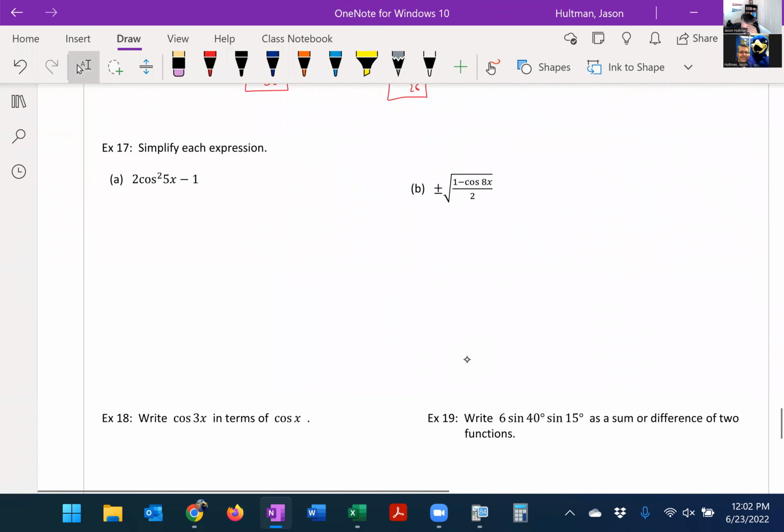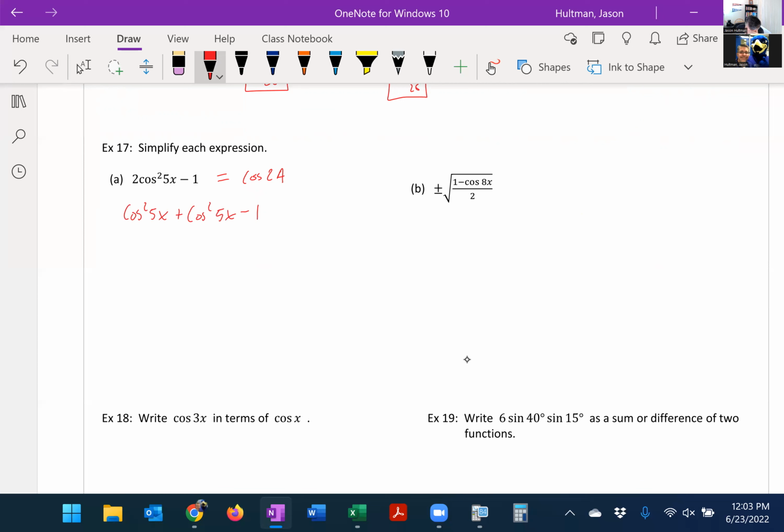Okay, 17, simplify 2 cosine squared 5x minus 1. I have to do a little bit of manipulation on this one to get it to something that I want it to look like. So this is actually going to be equal to the cosine of 2a, right? But it's not in a form that I would recognize. So instead of doing 2 times cosine squared 5x, I'm going to break this up into addition: cosine squared 5x plus cosine squared 5x minus 1.